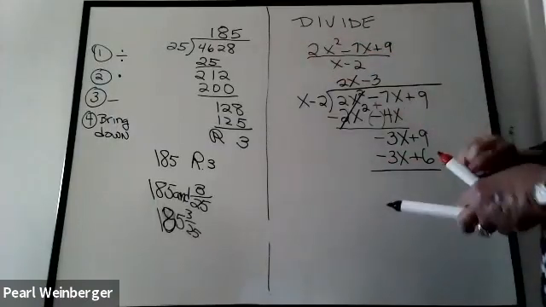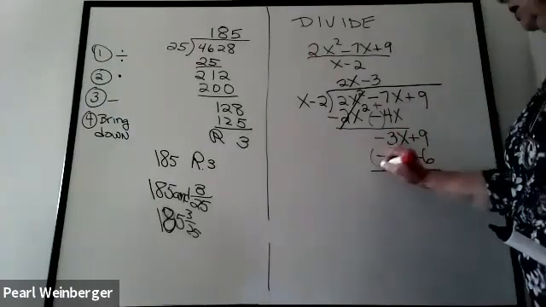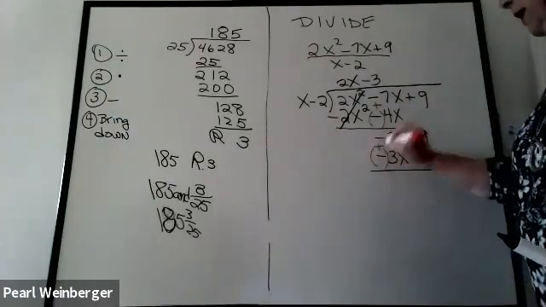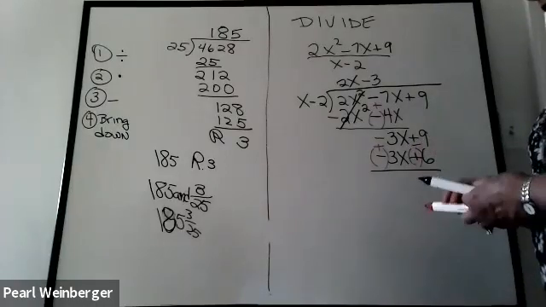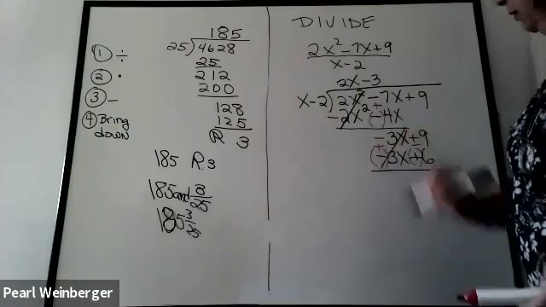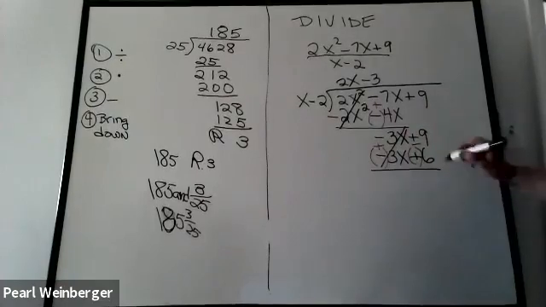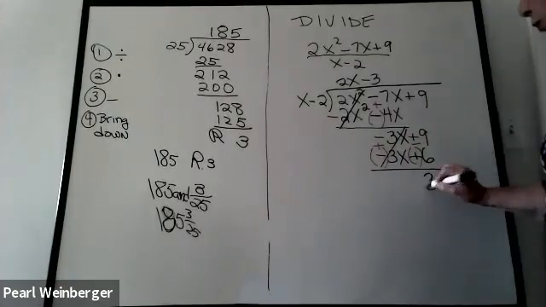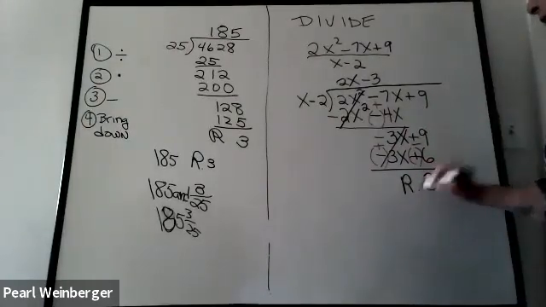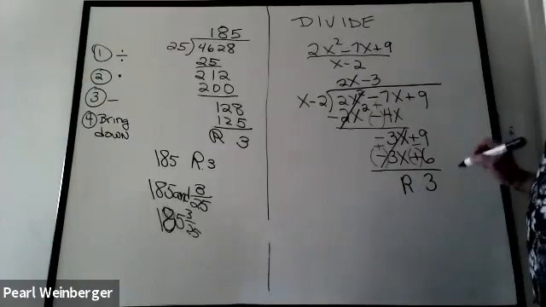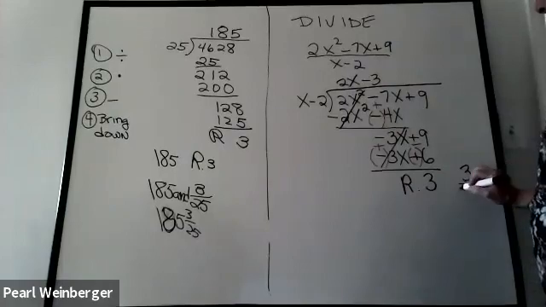After I multiply, I now have to subtract. In order to subtract, I'm going to change my signs. So this one is a negative, it's going to become a positive. This is positive, it's going to become negative. And the -3x and the +3x cancel. And now I have a +9 minus 6, which gives me +3. And there's nothing more to bring down, so my remainder is 3. Just like I did before, I can put the remainder over the divisor.